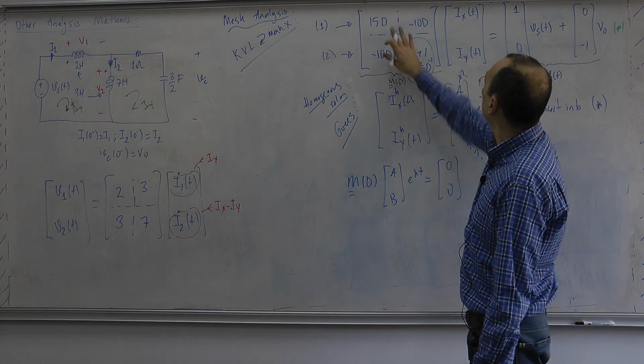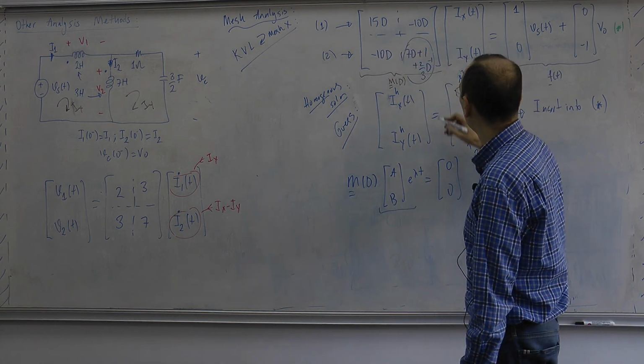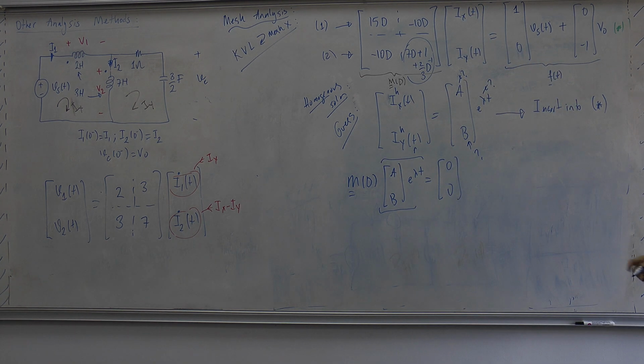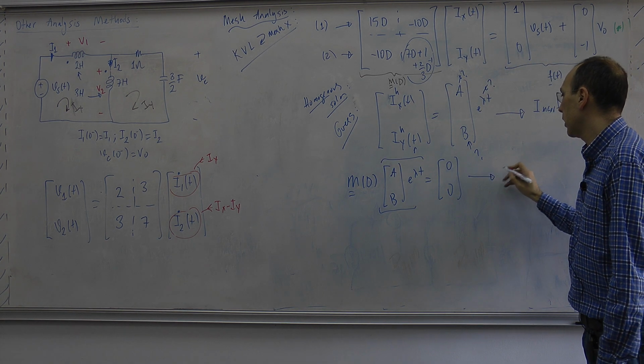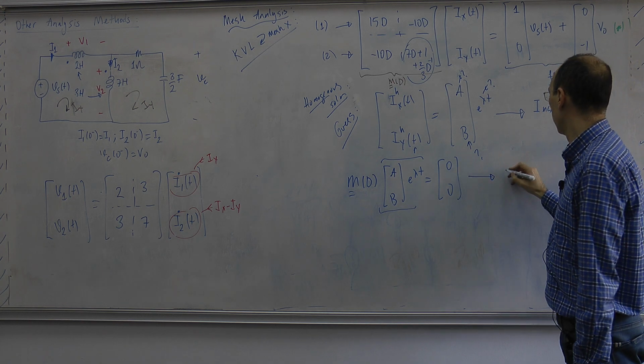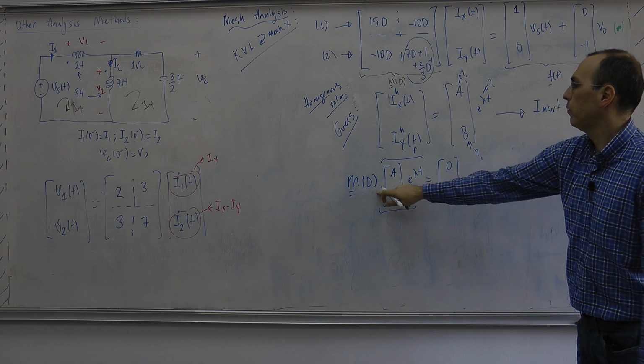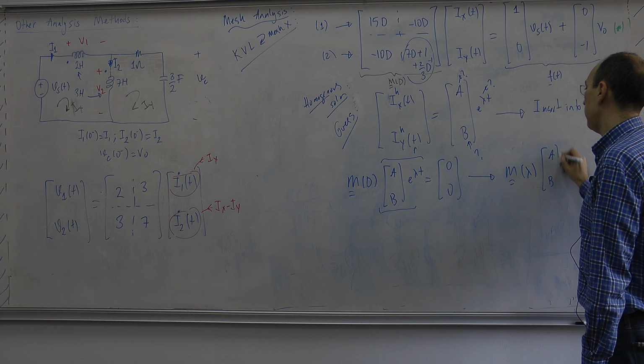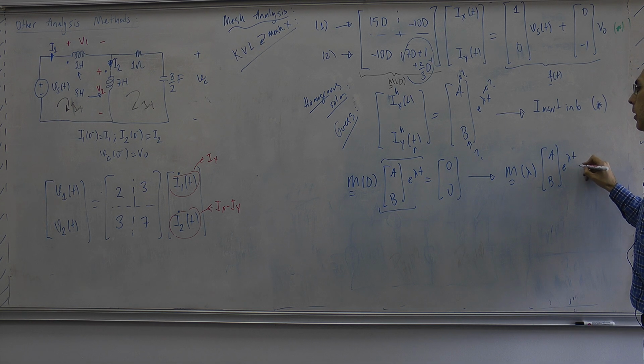Now, I haven't done the substitution. This part is the homogeneous guess for our homogeneous solution. So if you do this operation, you have M lambda AB e to the lambda t is equal to 0.